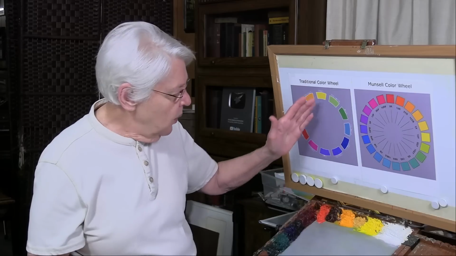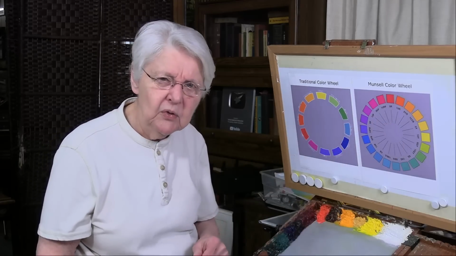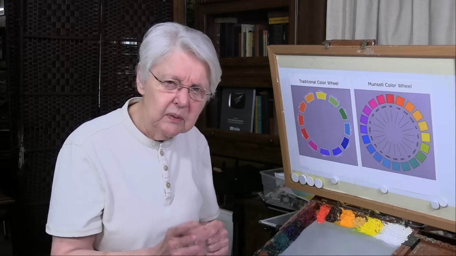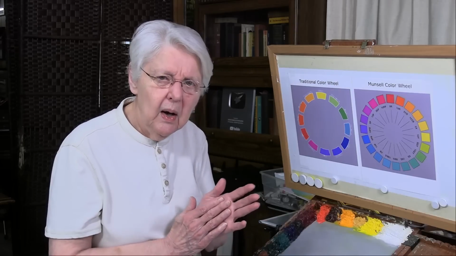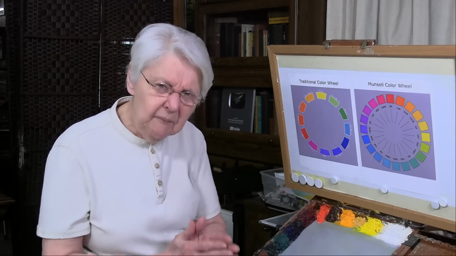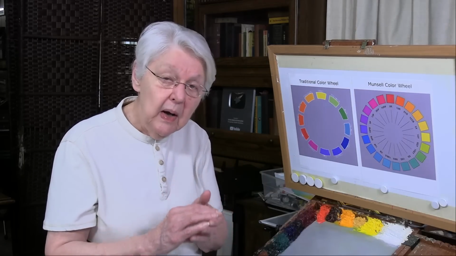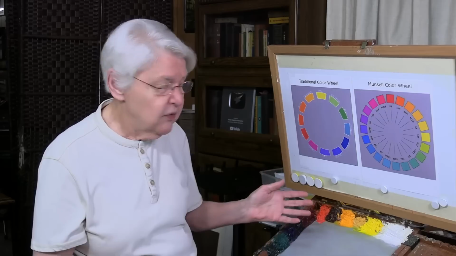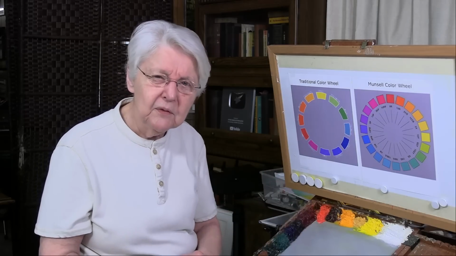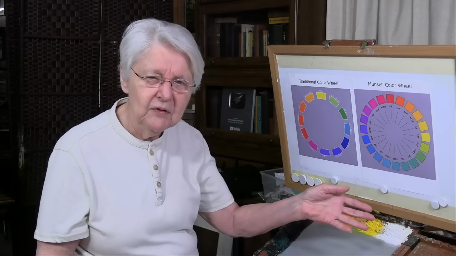With Munsell, what happens when these are mixed together requires that you remember notation. You remember the systems. You know the notation. And so it doesn't hurt to have a little bit of both. But I'm hoping that gives you a little bit of clarity about the difference and maybe why I prefer the traditional wheel. Now, there are other wonderful painters who prefer the Munsell system.